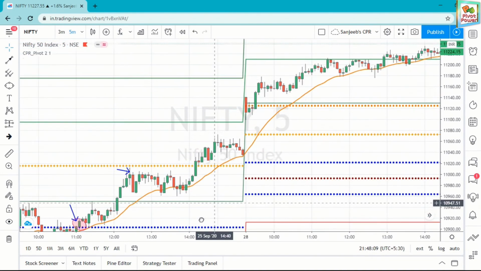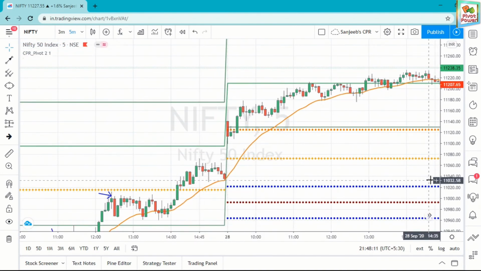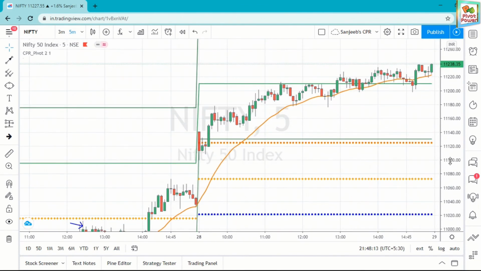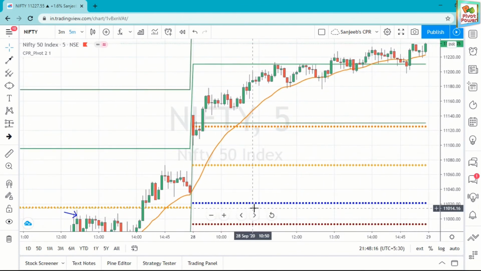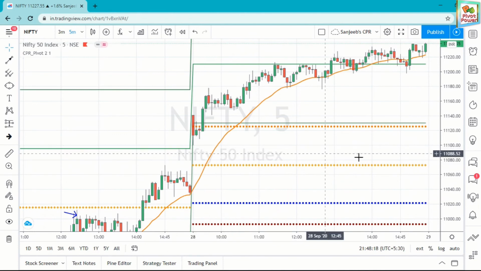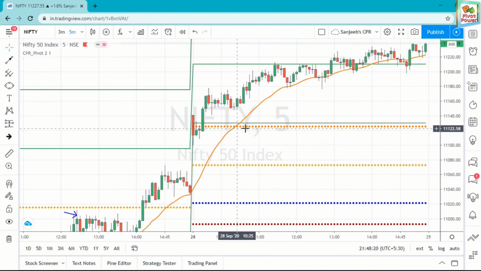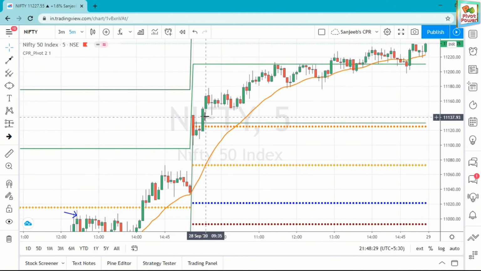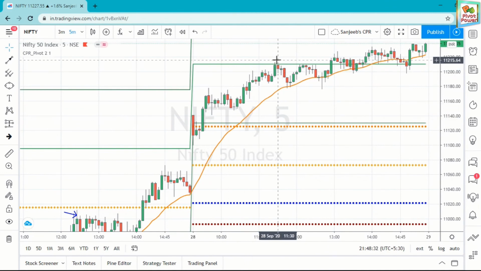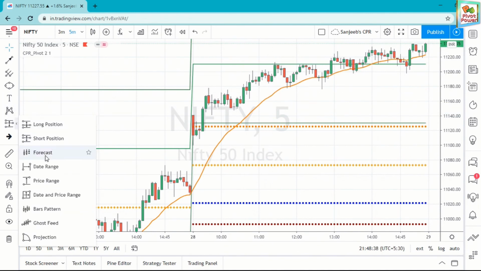We can check another support and resistance. See here, today's date, this is 28th September. In this it breaks the weekly pivot and the R1 resistance also. Then we can take entry here and target should be here. Always check the risk reward.